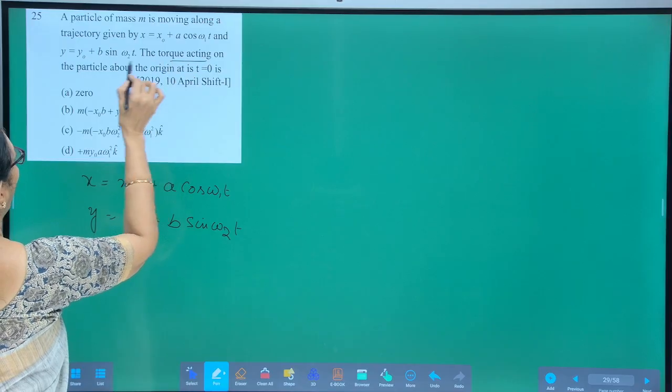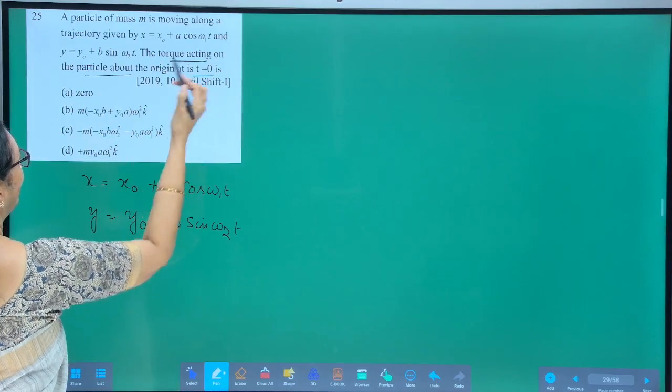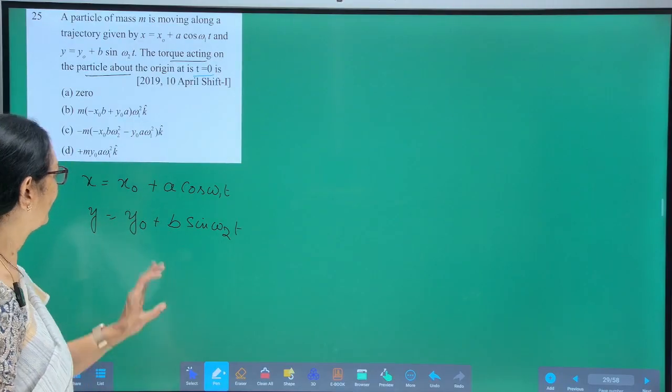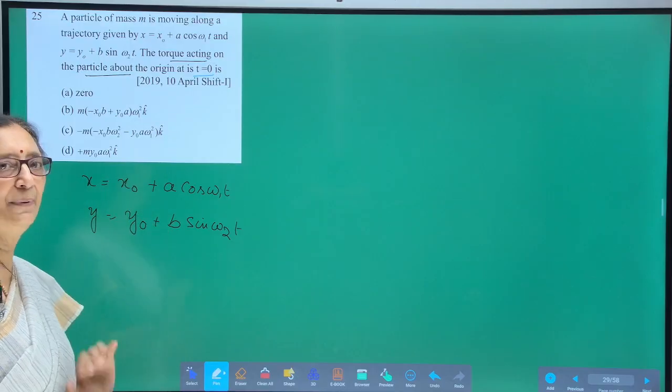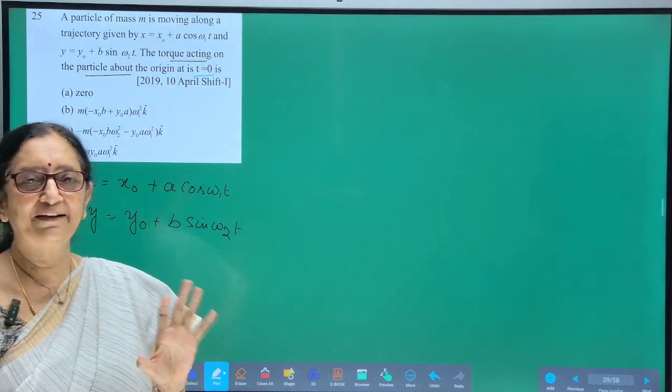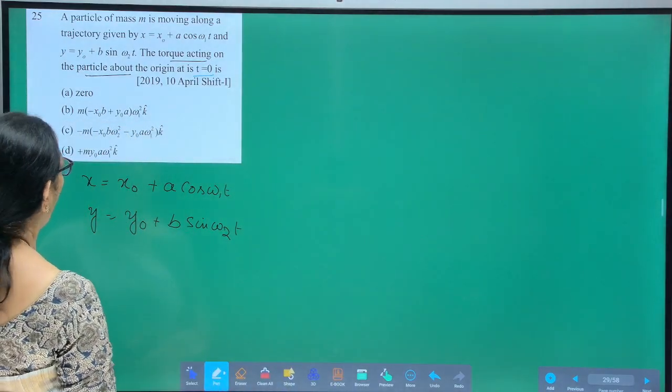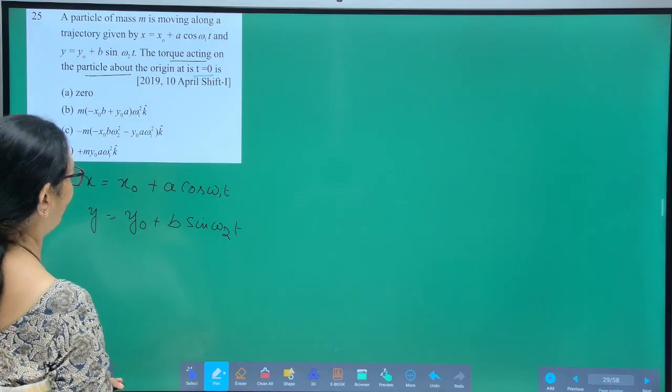The torque acting on the particle about the origin at t is equal to 0 is to be found. Here x i bar plus y j bar gives you the position vector. Torque is equal to r bar cross f bar.